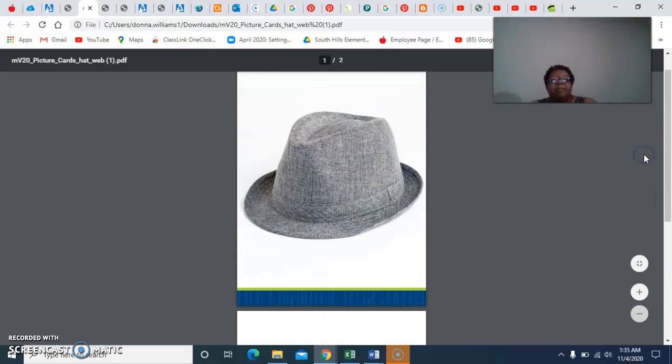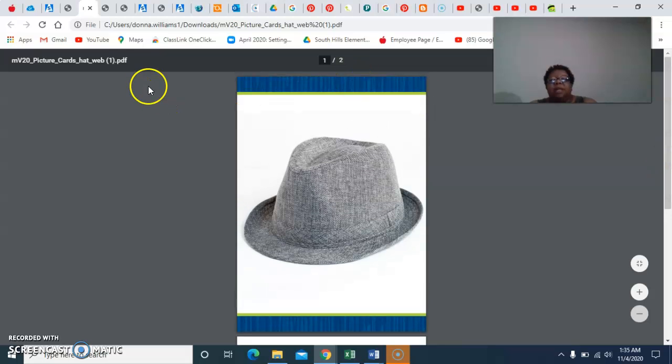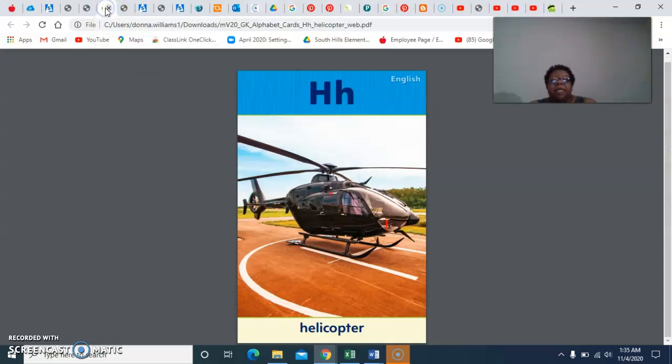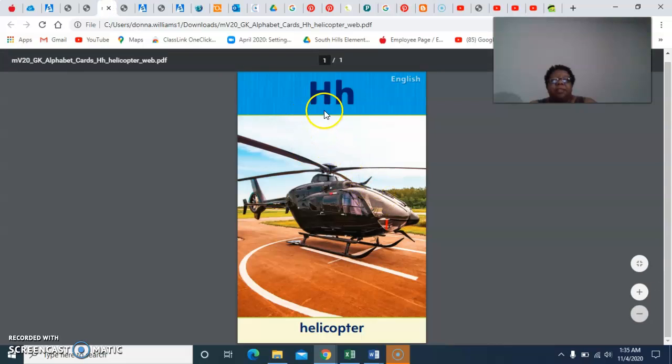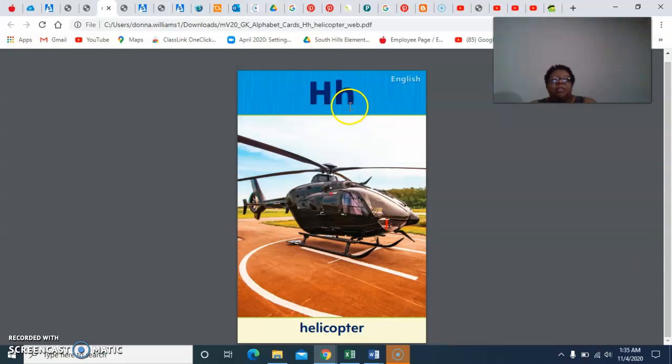So we have a picture of a hat for letter H. I also have a helicopter. Here's what the capital uppercase letter H looks like. Here's the lowercase h. Then we have a picture of a helicopter.